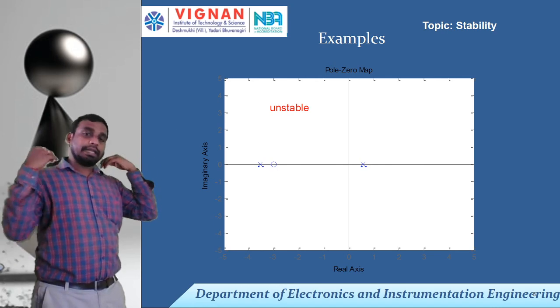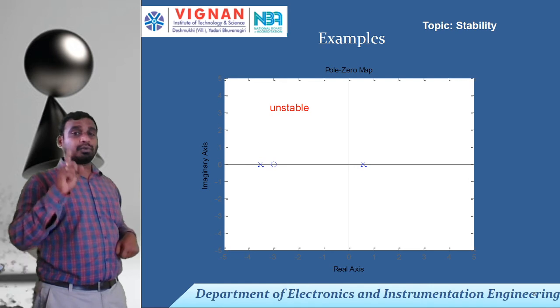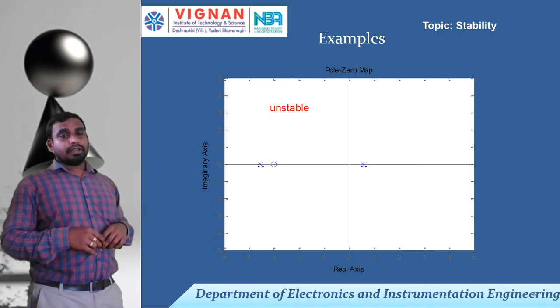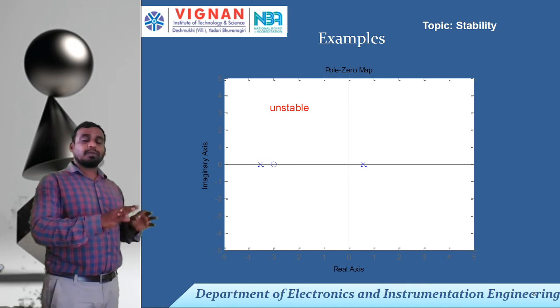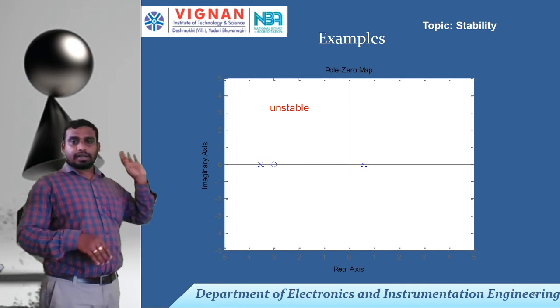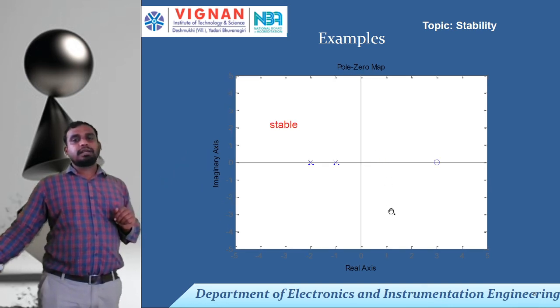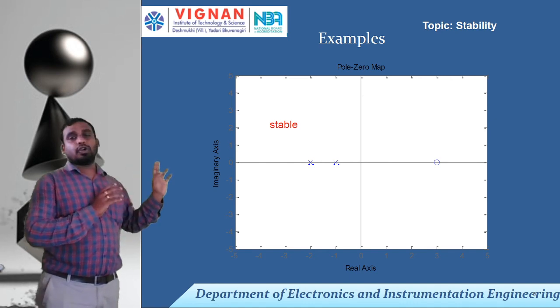If you have any number of poles on the left hand side, say 100, but one pole on the right hand side, it will make the system unstable. So it is very important to have no poles on the right hand side. This is one example, and as I mentioned, we are bothered only about the pole location, not the zero.